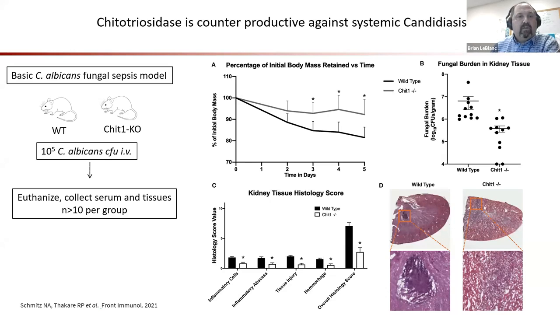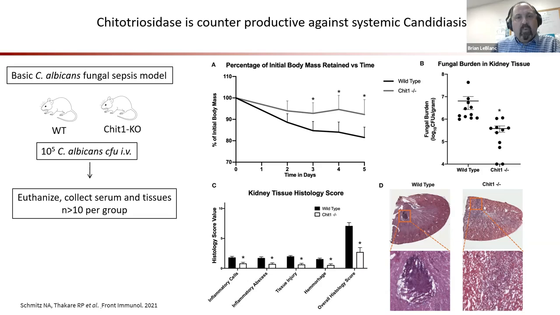So we were lucky enough to collaborate with the lab at Brown that has chitotriosidase knockout mice. And so we were able to take these mice and infect them with Candida albicans systemically, and then see what happens over time. And what was surprising to me in the beginning was, a normal response to the fungal infection is to lose weight as the fungal infection takes hold.